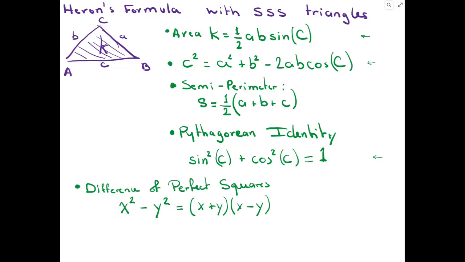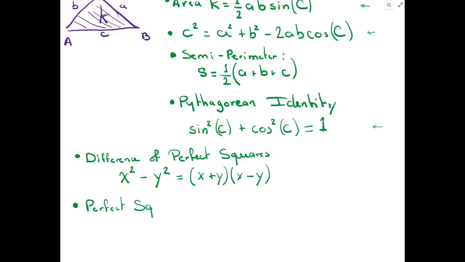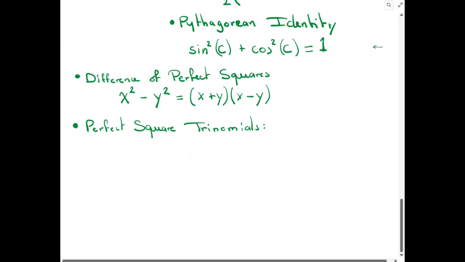And then the other special rule of factoring, we want to remember perfect square trinomials. Again, I'm going to stick with X and Y, and this is when I have X plus Y quantity squared.